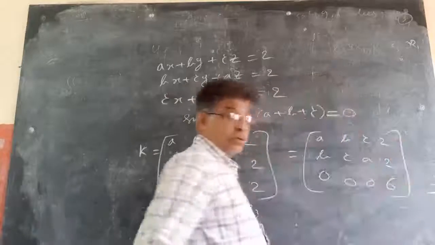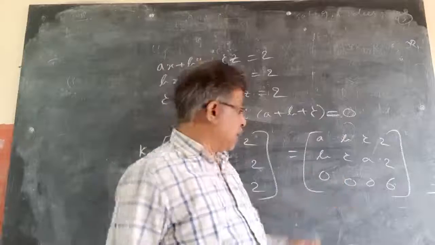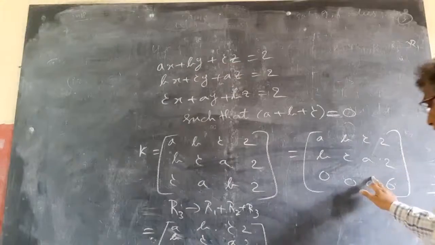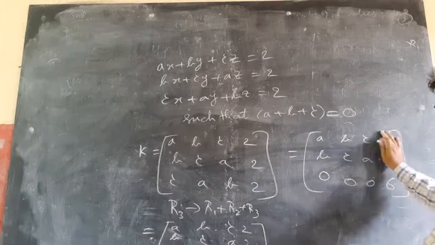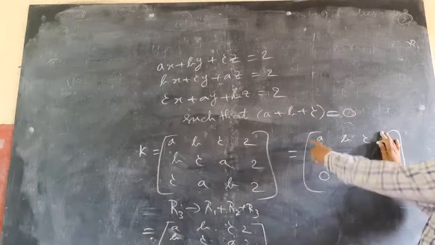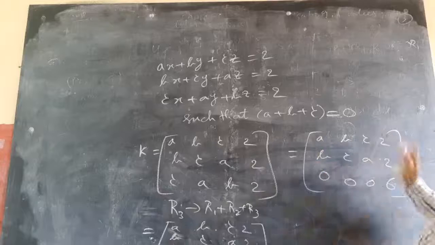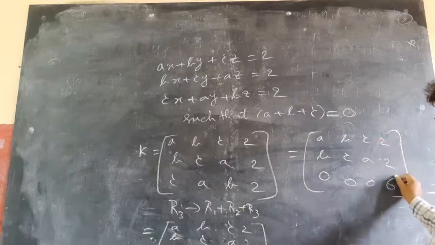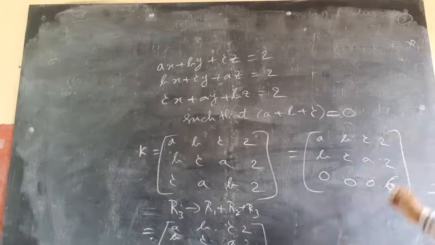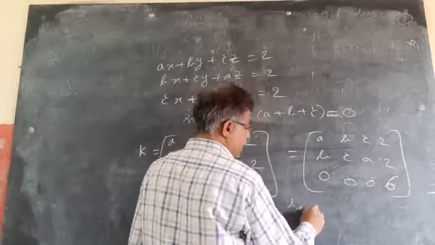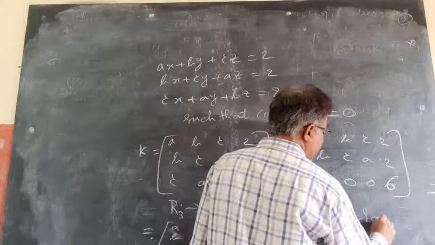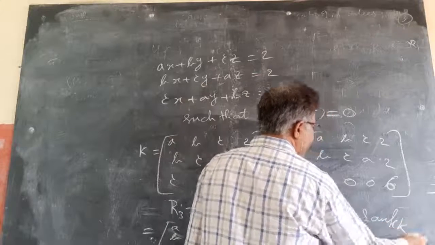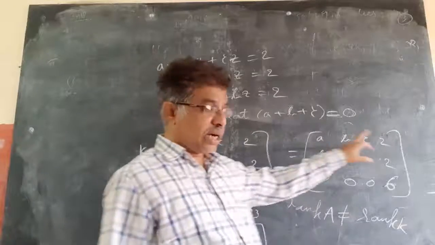Now if you observe, if I close this, it is the rank of A. The rank of A is 2 because the number of non-zero rows in A is 2, but in K the extra 6 is there, so the number of non-zero rows in K is 3. Therefore rank of A is not equal to rank of K. Rank of A is 2, but rank of K is 3.